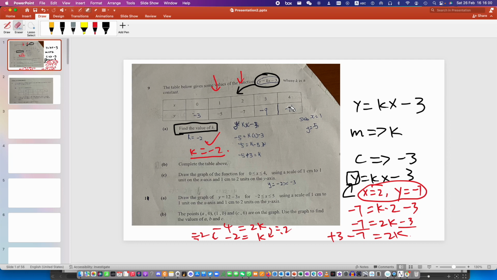Have you drawn it out? According to the 1 cm to 1 unit on the x-axis, 1 cm to 2 unit on the y-axis. So let me look at your scale. They say for the x it is 1 cm to 1 unit. Did you use 1 cm 1 unit? Okay, 1, 2, 3, 4.